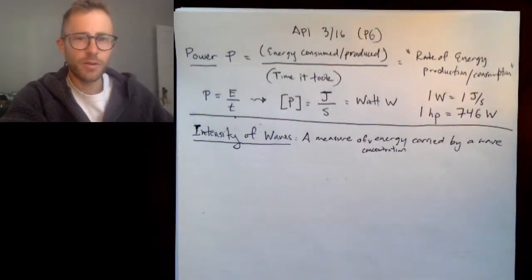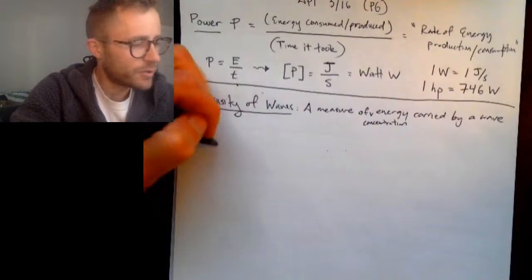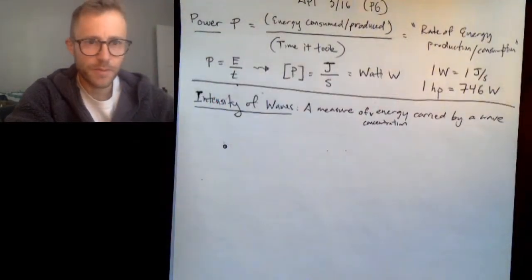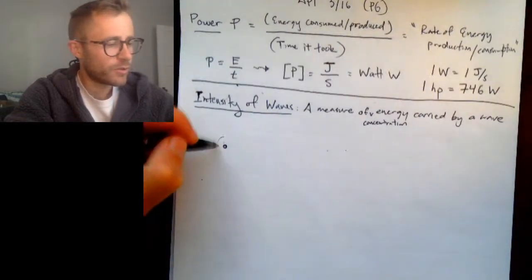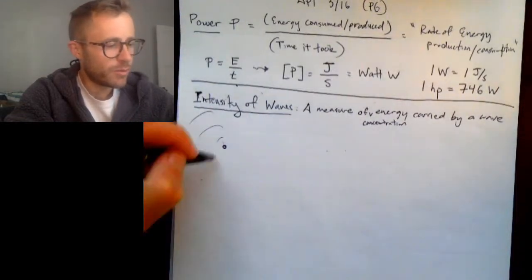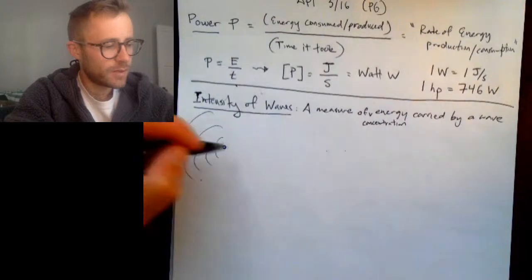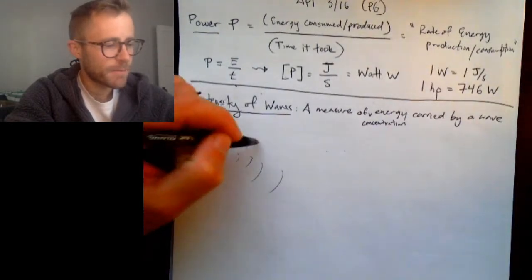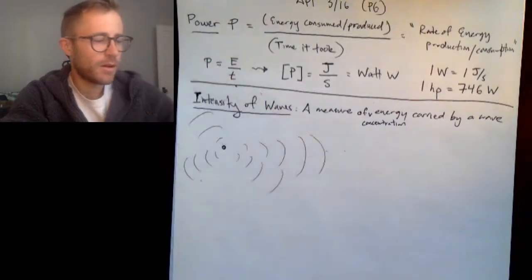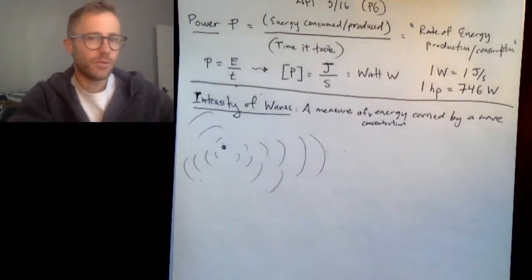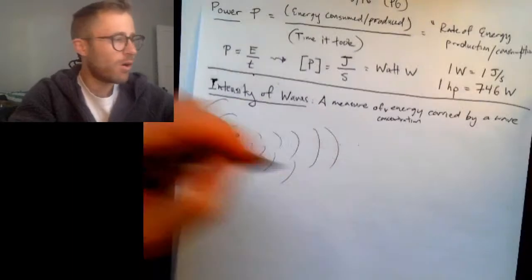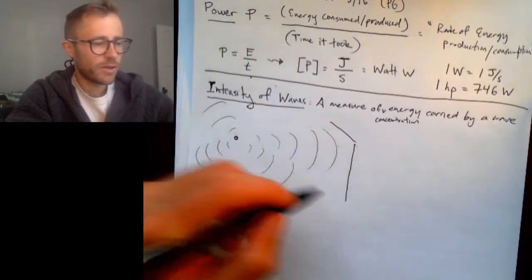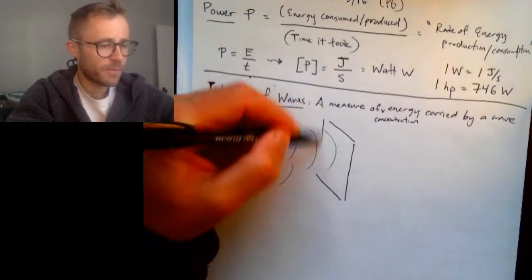What we want to think about is, let's suppose you have a source of a wave. This source is emitting waves in all directions. Let's imagine that we have a wall. I will try to draw the wall in a 3D perspective.